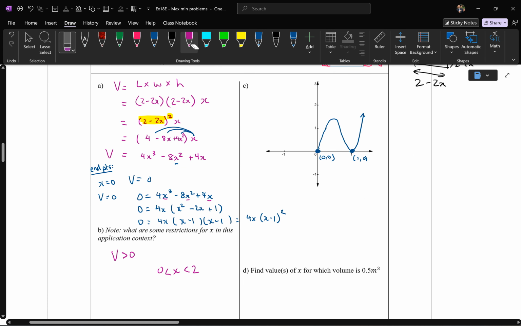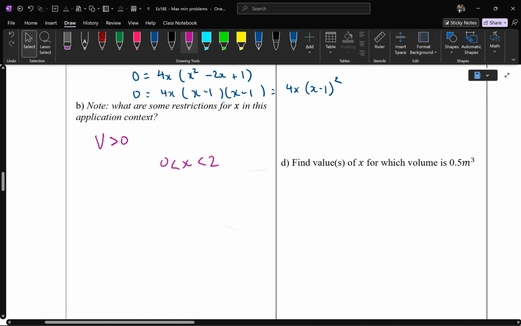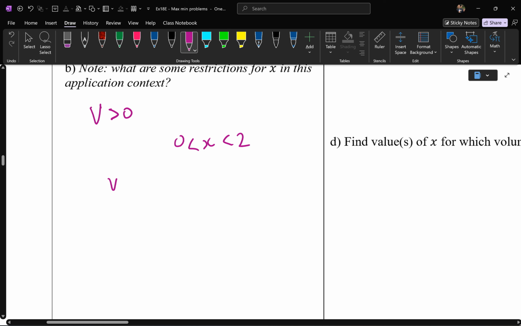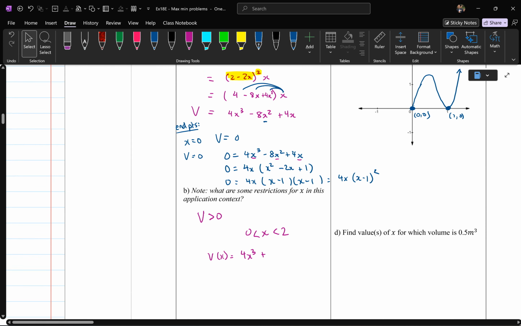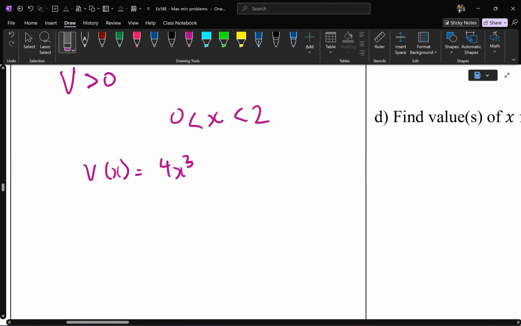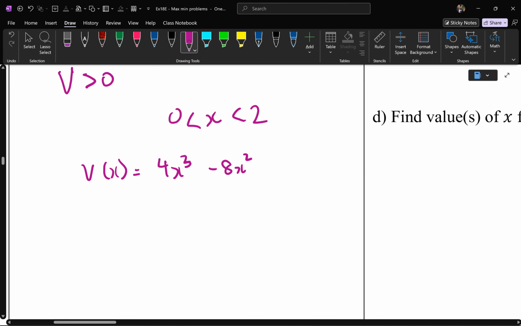Now we just need to find the stationary point. How to find it? V of x is currently equal to 4x cubed minus 8x squared plus 4x. Let's find the derivative.